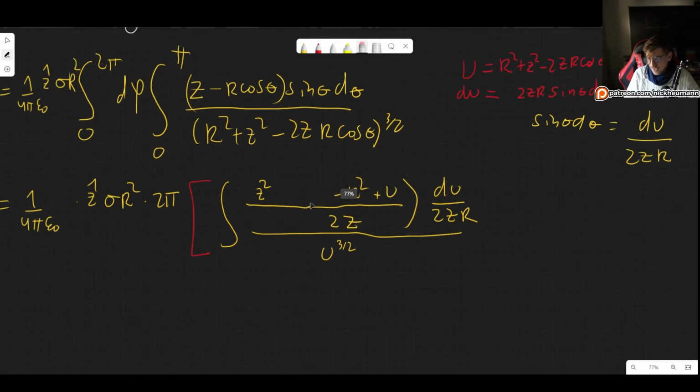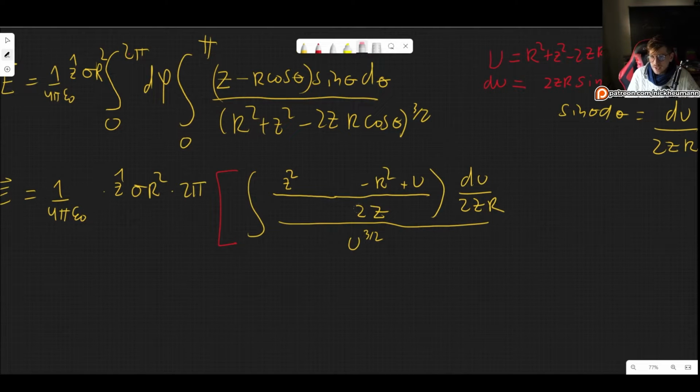Okay, and now we have a lot of constants. We have 2z, 2zr, so we can factor them out. So we get 4z squared r, right? So we get rid of all of these things. And now it's looking a lot better.